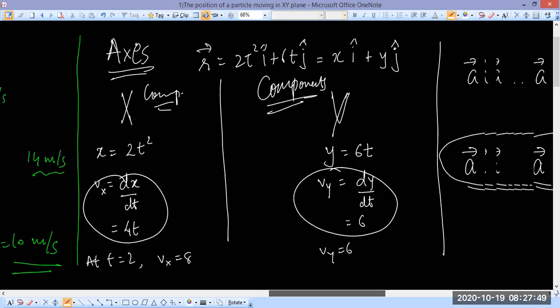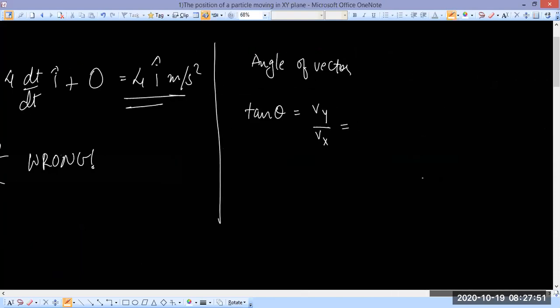So that's why we are just going to write 6 upon 40. Clear? Tan theta is vy upon vx, which is equal to 6 upon 40.